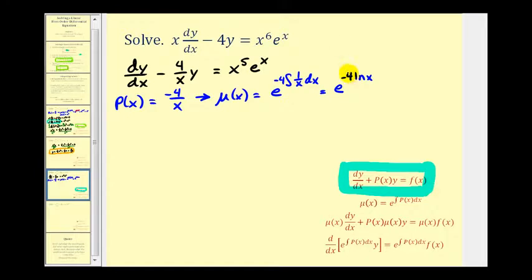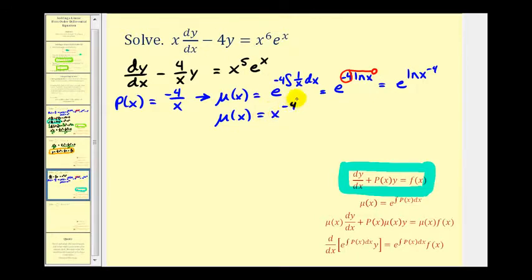We'll go ahead and apply the power property here. So we have e raised to the power of natural log x to the negative 4. And again, the base here is e. The base of the log is also e, so this simplifies nicely to x to the power of negative 4. So our integrating factor, mu of x, is equal to x to the negative fourth.